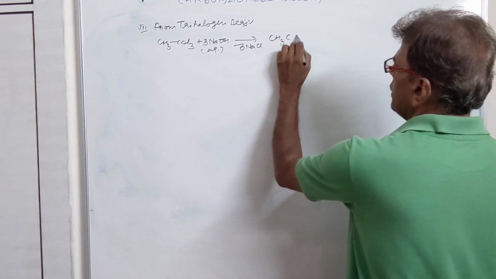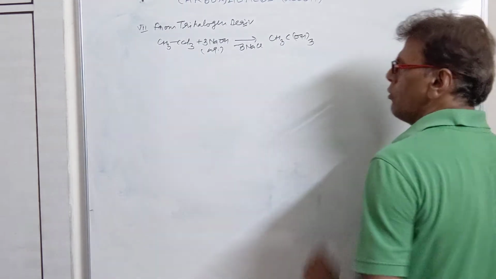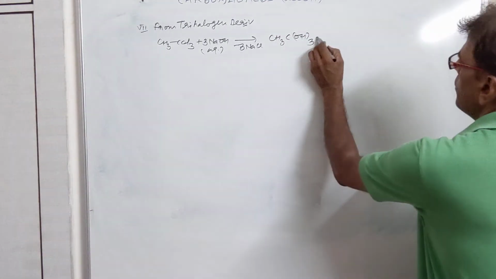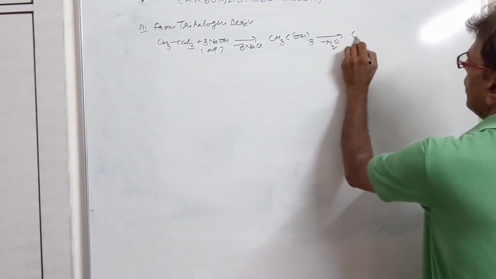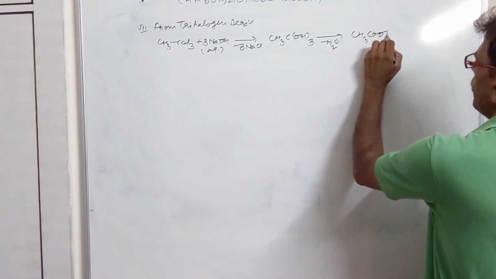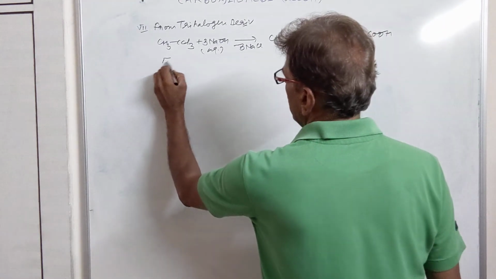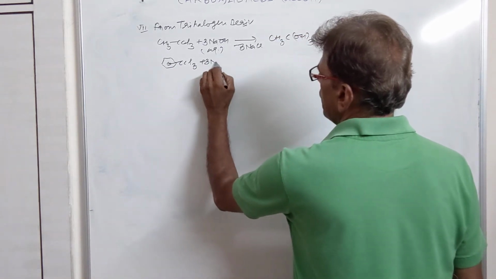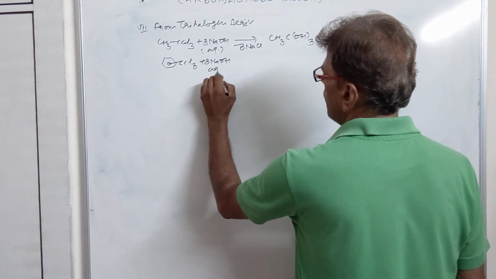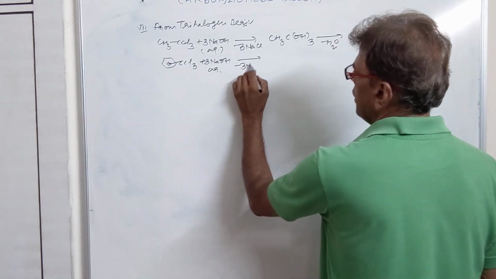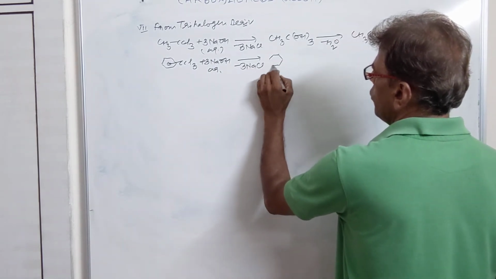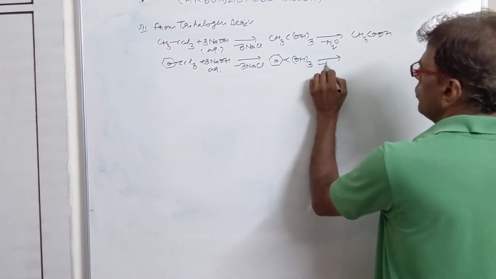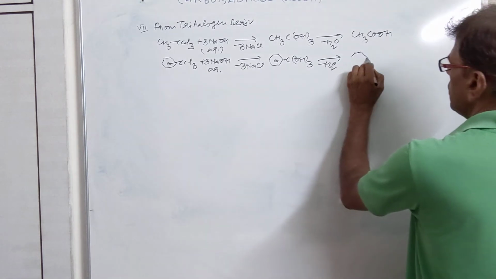Product is CH3C(OH)3. 3 OH groups on the same carbon cannot stay long. They will eliminate a water molecule and give you carboxylic acid. Similarly, if we have benzotrichloride, a benzene ring having CCl3, treated with 3NaOH aqueous, it will release 3NaCl and give you benzotrihydroxide. This loses a water molecule and gives us benzoic acid.